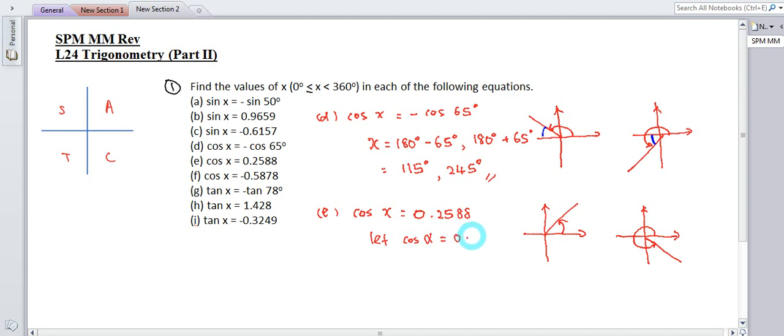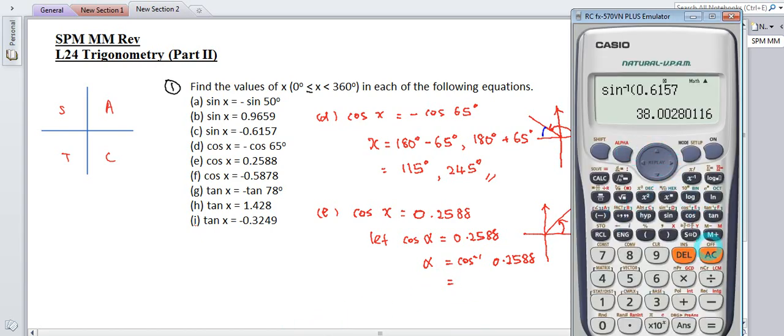Alpha is equal to 0.2588. So alpha, this one you just press the calculator, shift cosine 0.2588. Okay, you get 75 degree.